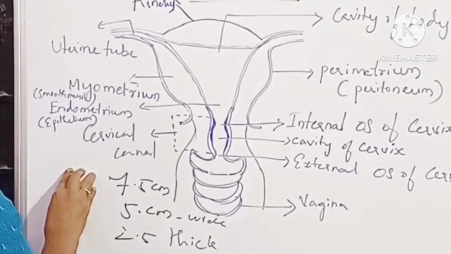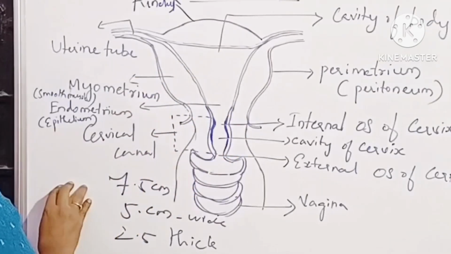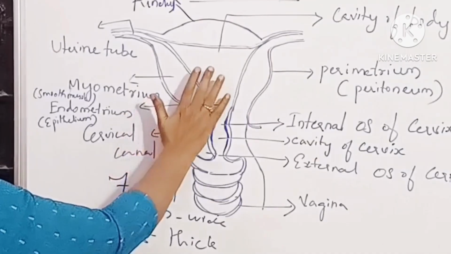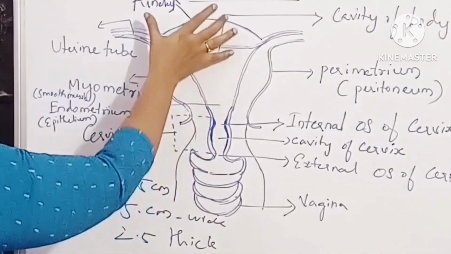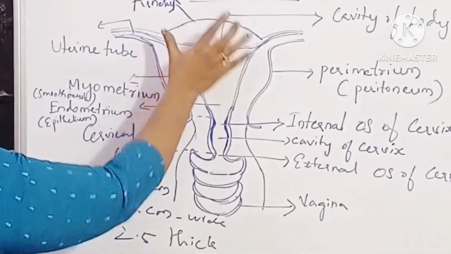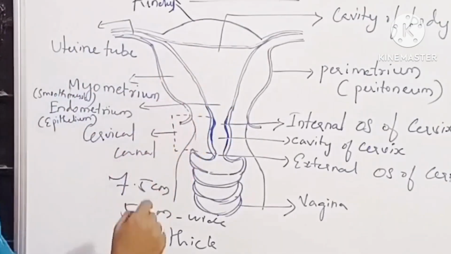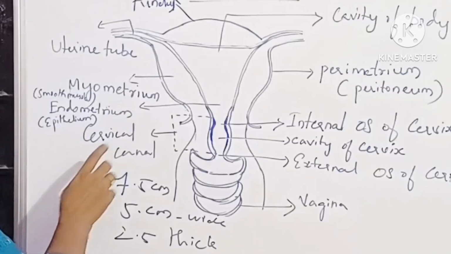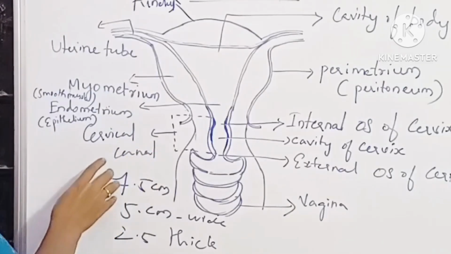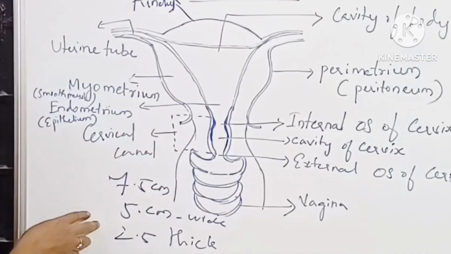Next we can see the endometrium. This is an important one. It consists of columnar epithelium containing a large number of mucus-secreting tubular glands. It is divided into 2 layers. First is the functional layer, second is the basal layer. The functional layer is the upper layer and it thickens and becomes rich in blood vessels.